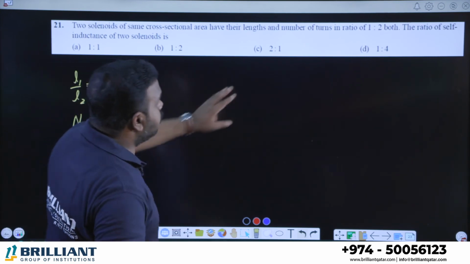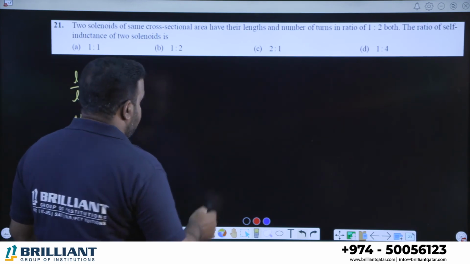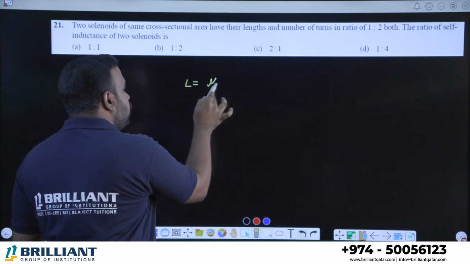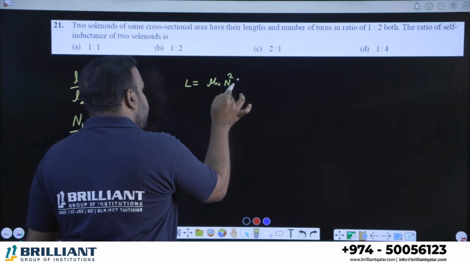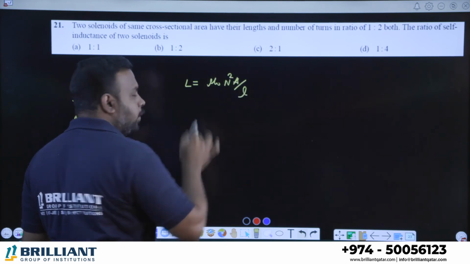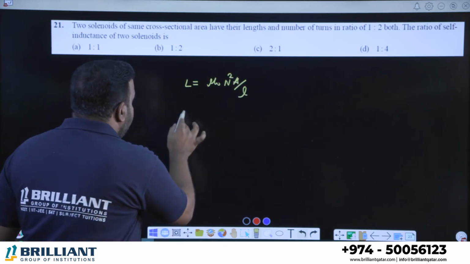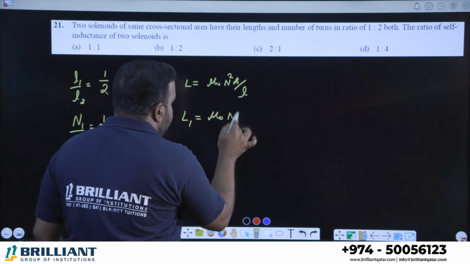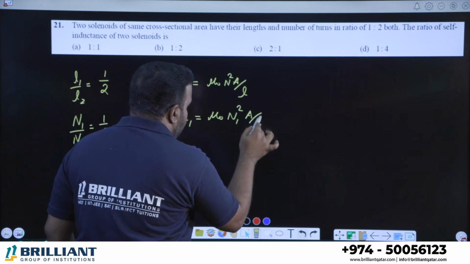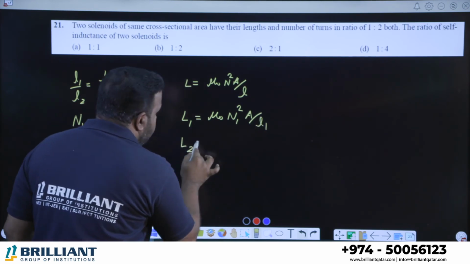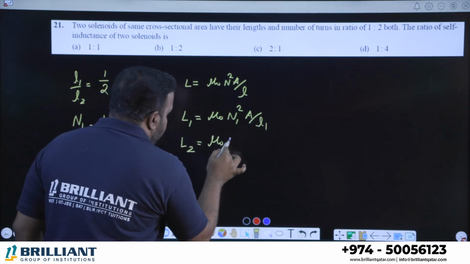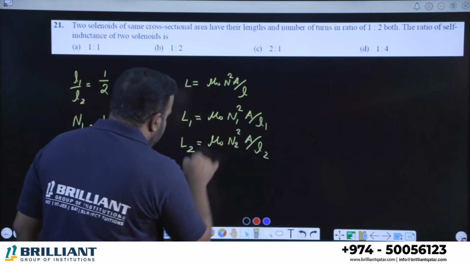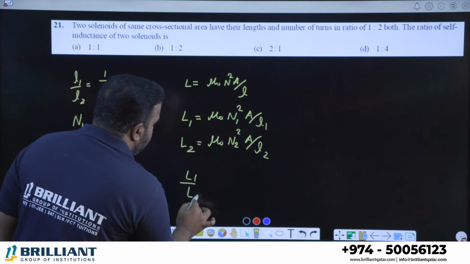Then the ratio of self-inductance. What is the formula for self-inductance? L is equal to mu naught N square A by l. So L1 will be mu naught N1 square A by l1, and L2 will be mu naught N2 square A by l2. Then L1 by L2 is what we have to find.